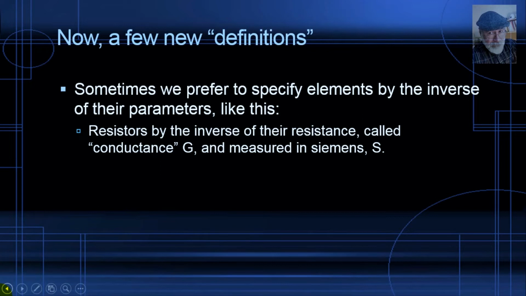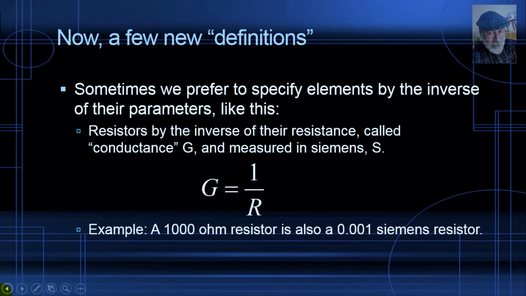The units used to be called mhos, now are called Siemens, symbol uppercase S. For instance, the G of a resistor that has a resistance of 1000 ohms is 0.001 Siemens. We say this is a 0.001 Siemens resistor, which is equivalent to saying this is a 1000 ohms resistor.